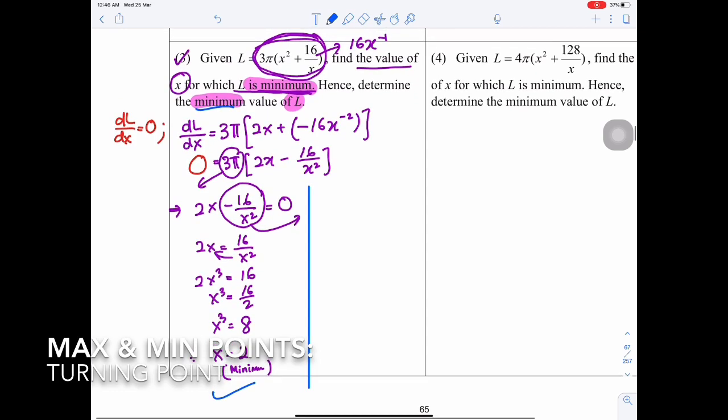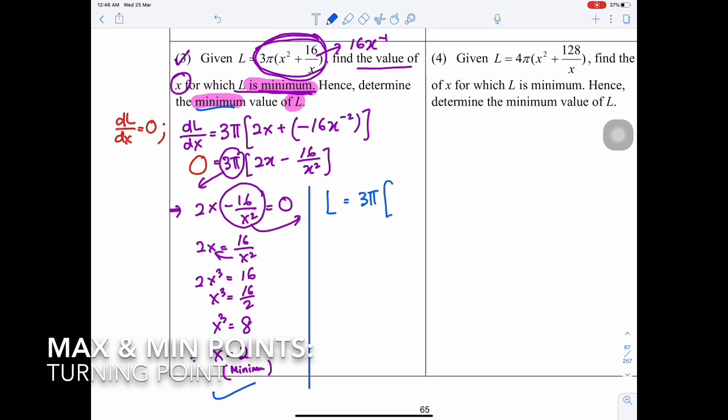So for the minimum value of L, you know L equals 3 pi times x squared plus 16 over x. Then substitute the value x equals 2 into the equation of L. So 3 pi times 2 squared plus 16 over 2.